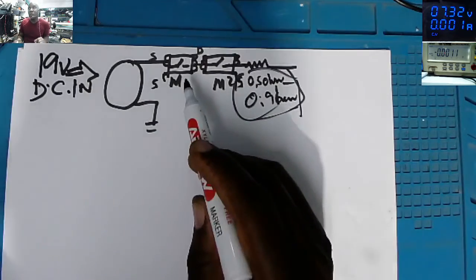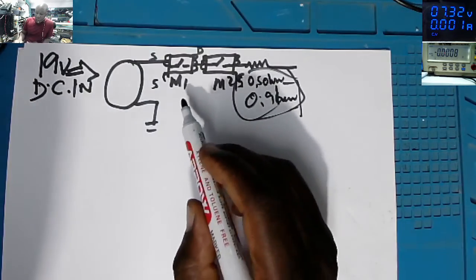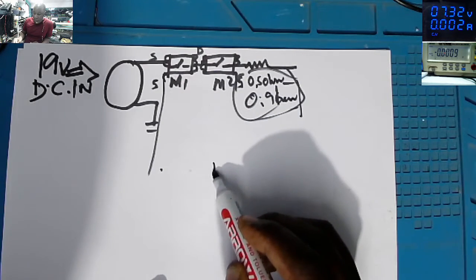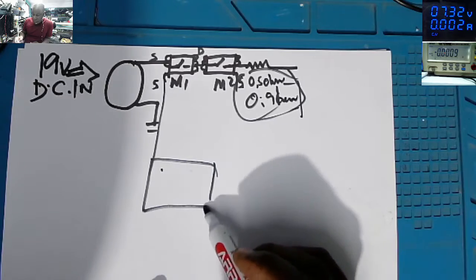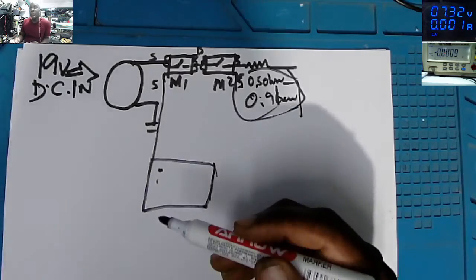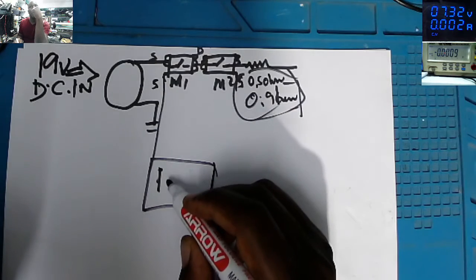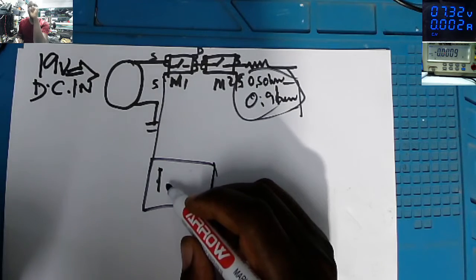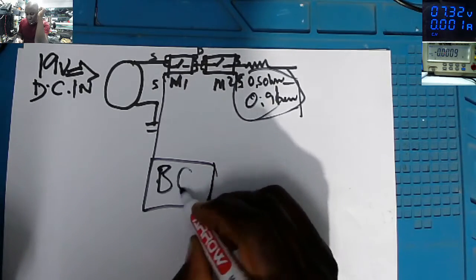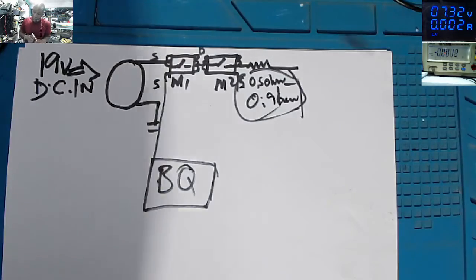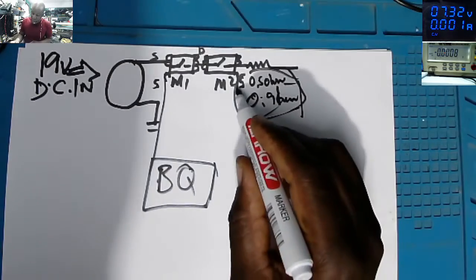This gate is going to the power management chip. In most laptops, that's the BQ chip. You find the BQ chip here. And the gate is going here.